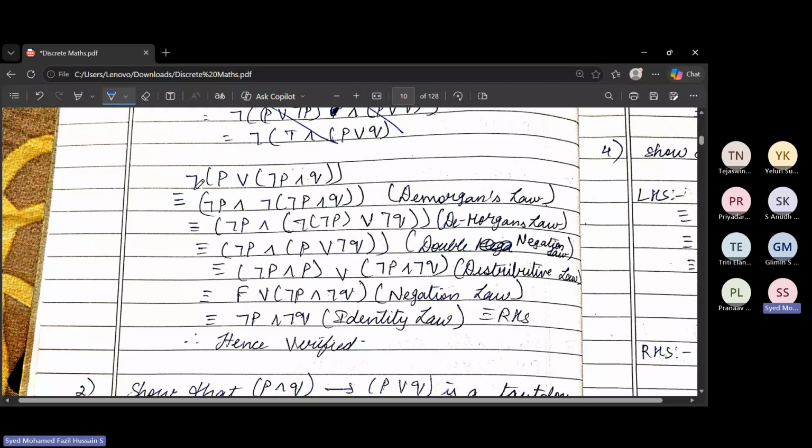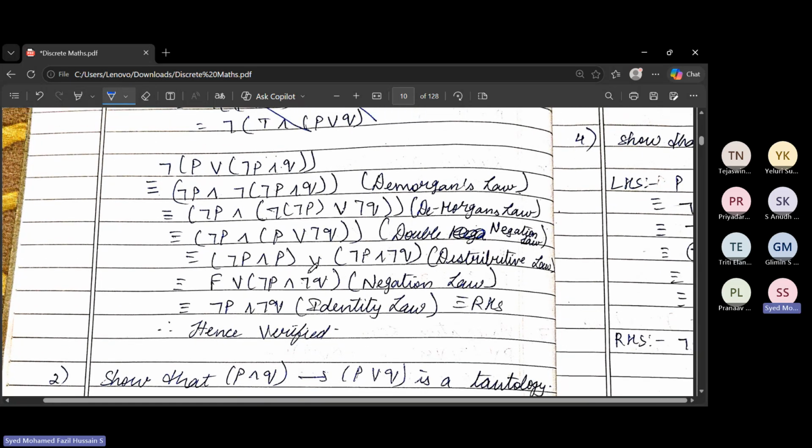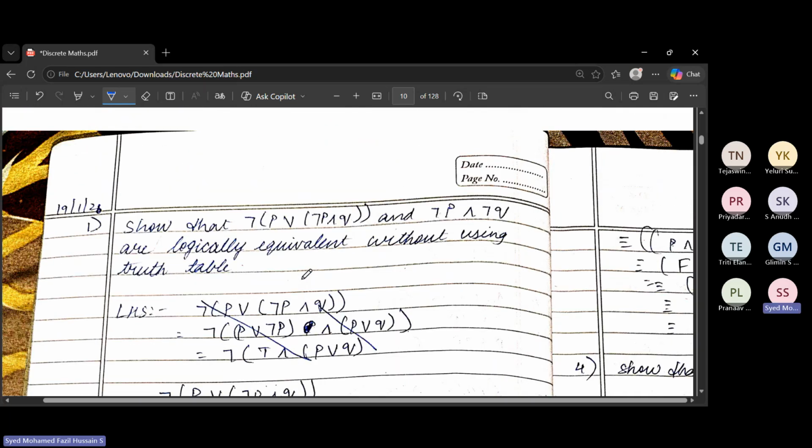Then the double negation law applies in this statement, and we distribute the not p over the p or not q. As you can see, this statement becomes false, and now just this remains: not p or not q, which is the original statement that we want.